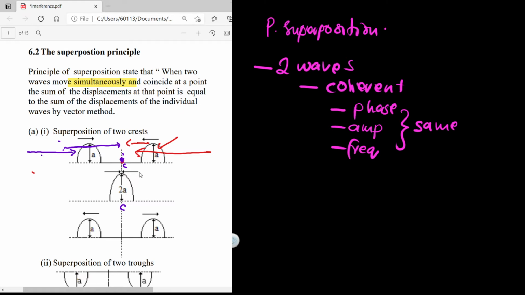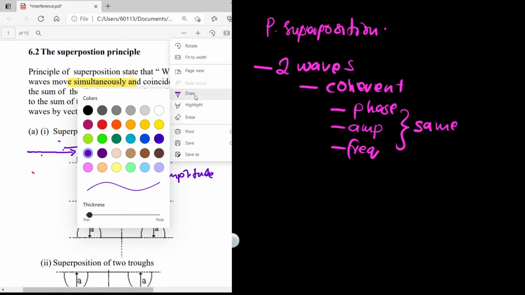So at this point, the displacement produced, which we can also call the amplitude, the change of position of a point on the wavefront, is equal to the sum of the displacement of the individual waves by the vector method.